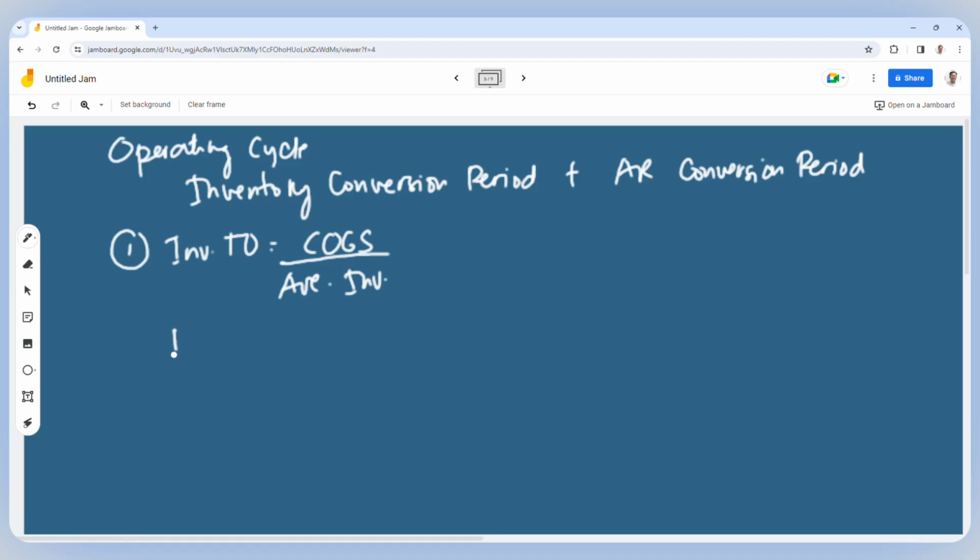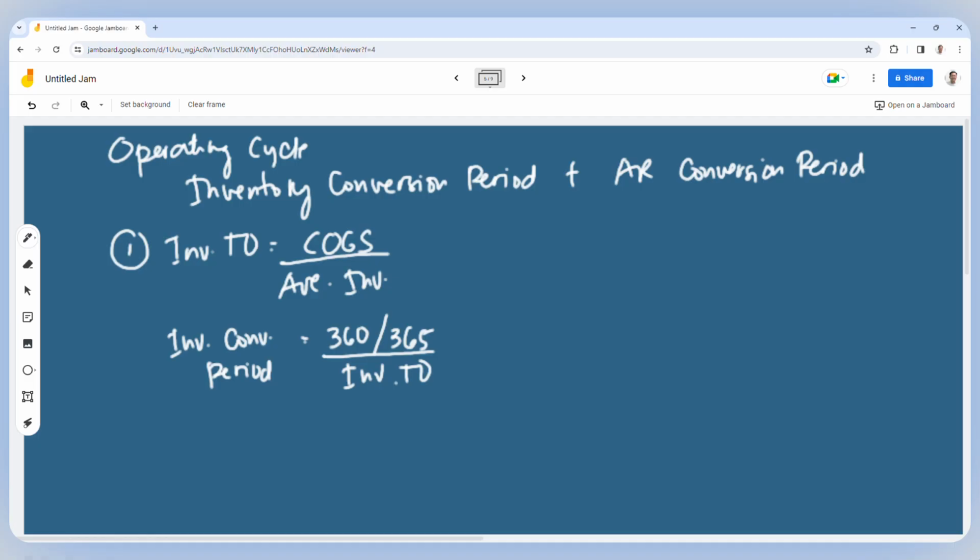After that, how do we compute the inventory conversion period? It is 360 days, or 365 days depending, divided by your inventory turnover.